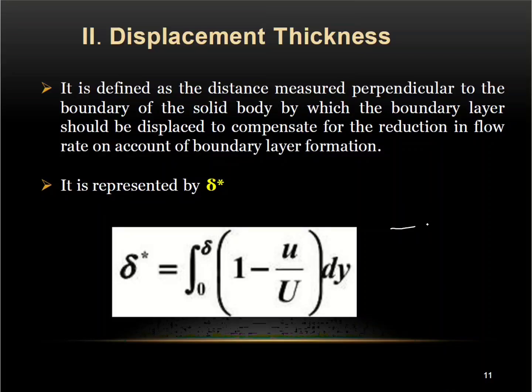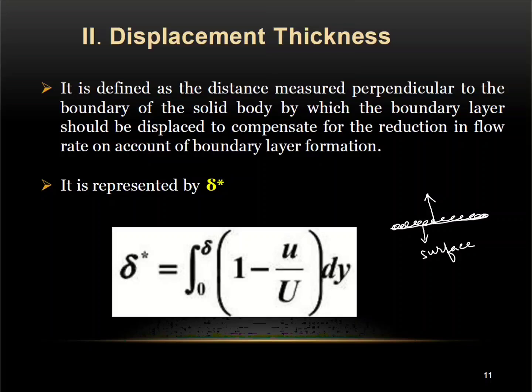So displacement thickness is also measured in y direction, like this is our surface, then it is measured in y direction. And the definition of this is that it is the amount by which the boundary layer should be displaced to compensate for the reduction in flow rate on account of boundary layer formation. So due to the boundary layer formation on the flat surface, we may lose some discharge.